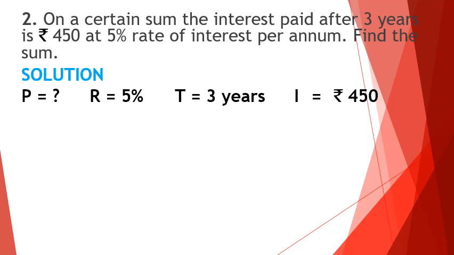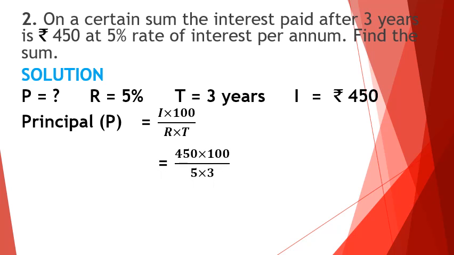So do you remember the formula to find the sum or principal? Yes. Principal equal to I into 100 upon R into T. Now substitute the value over there. So we get 450 into 100 upon 5 into 3.